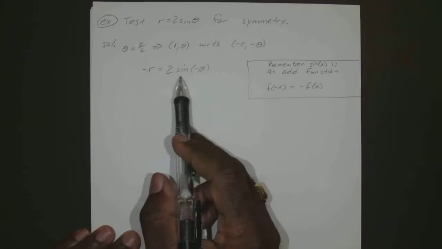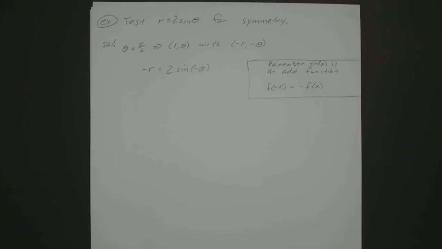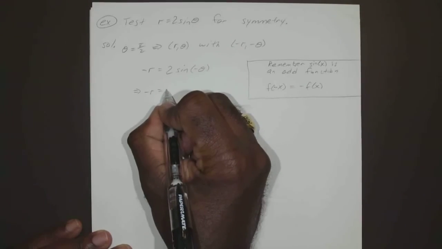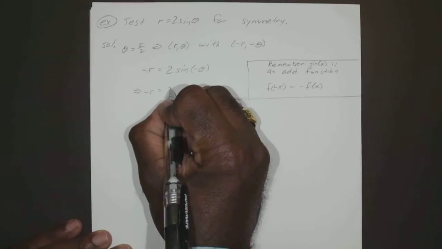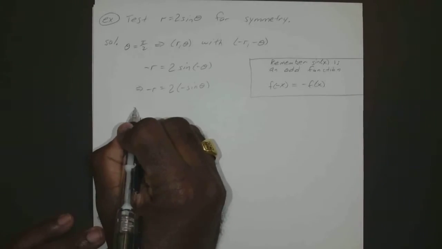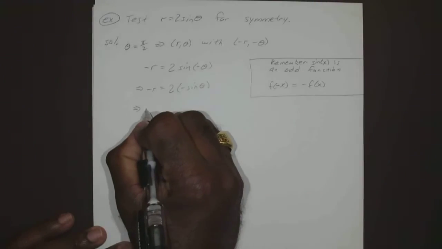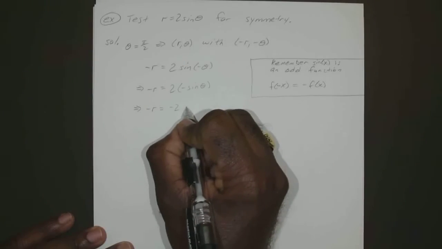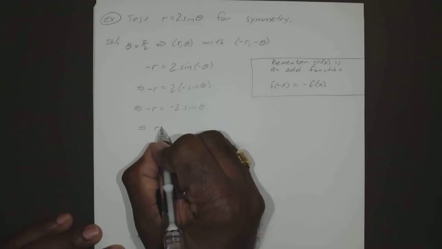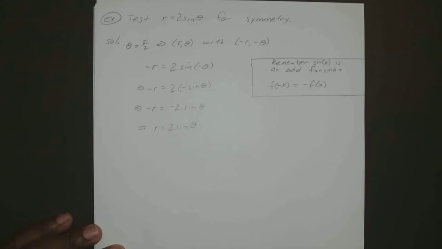That means sine of negative theta is equal to negative sine of theta. That gives you negative r equals 2 times negative sine of theta. To avoid skipping steps, you have negative r equals negative 2 sine of theta. And once you divide or multiply both sides by negative 1, you end up with r equals 2 sine of theta. So actually, we know it's symmetric across pi over 2.